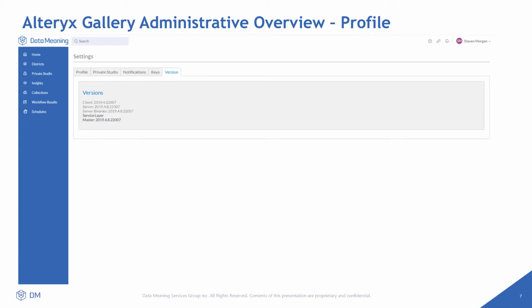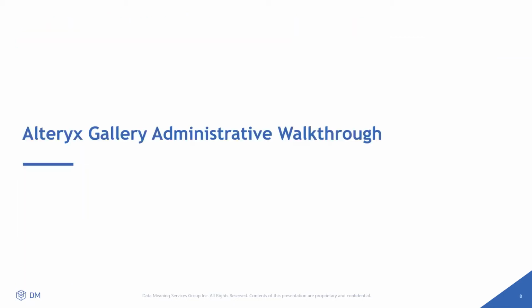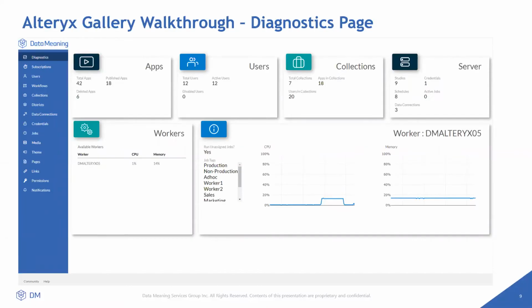So kind of moving on forward, we're going to go into that admin section and now go into a walkthrough here. So our first area is the landing page, or that diagnostic page from the get-go. And this gives you some cursory information. So right off the bat, you can see how many workflows are loaded on your environment.